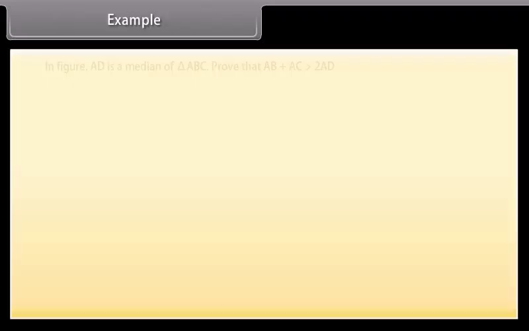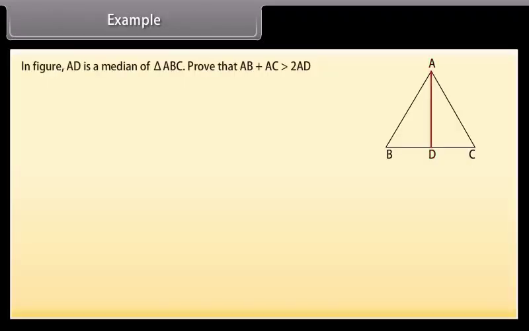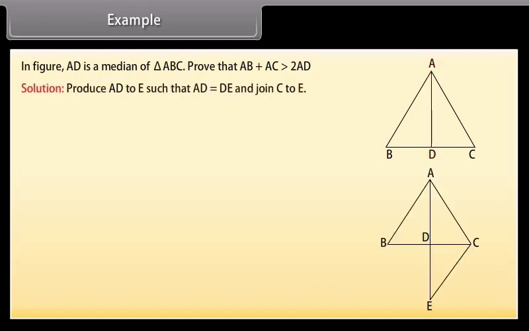Example: in figure, AD is a median of triangle ABC. Prove that AB plus AC is greater than 2AD. Solution: produce AD to E such that AD is equal to DE and join C to E. Consider triangle ABD and triangle ECD.